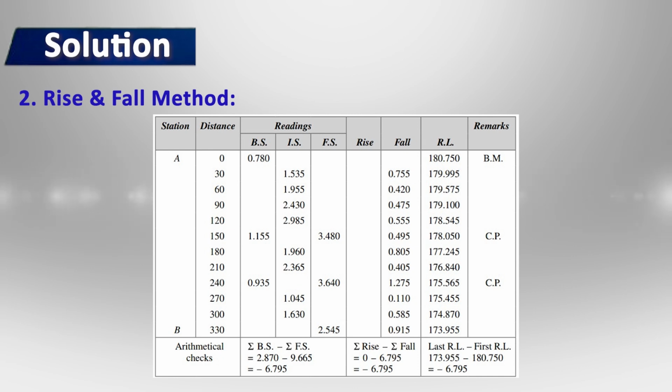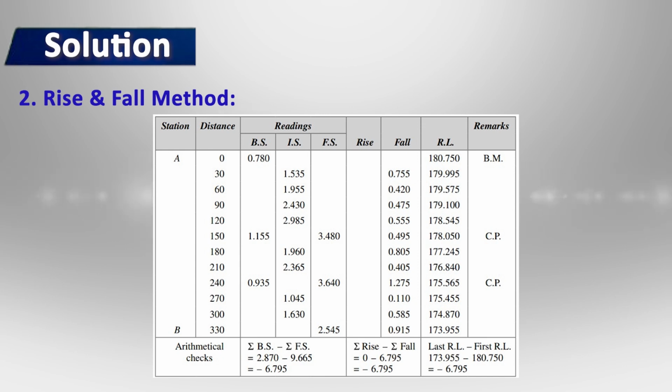Again we will subtract 1.960 with 2.365, which will result in a fall of 0.405, and next we will subtract 2.365 with the foresight of 3.640, which will result in a fall of 1.275, and again there is a shift in the instrument. So, we will subtract the backsight with the intermediate sight.